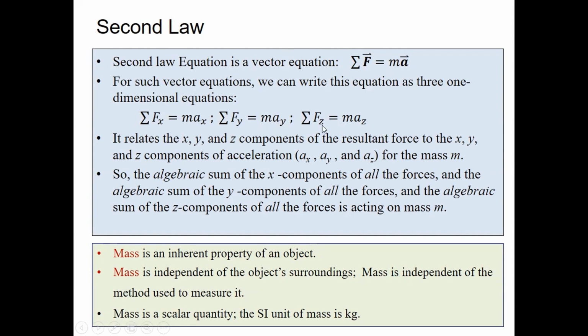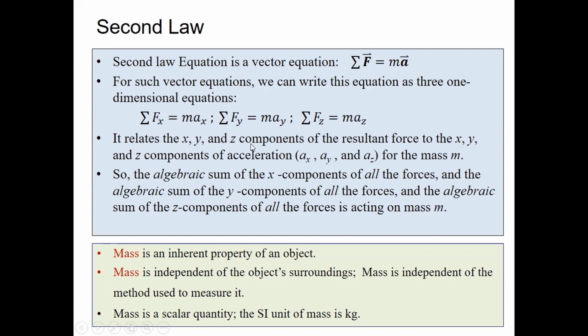The sum of all forces along the z direction is equal to mass times the acceleration in the z direction. Here we must keep in view that this is the case for three-dimensional studies. If we have a two-dimensional system, then only two component equations, or scalar equations, will appear.